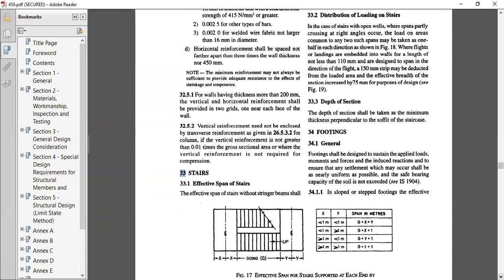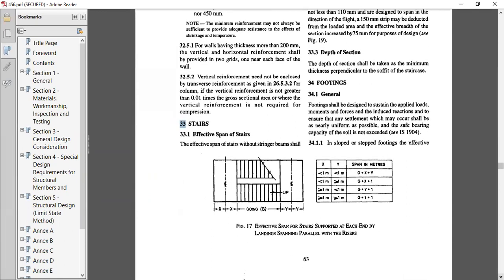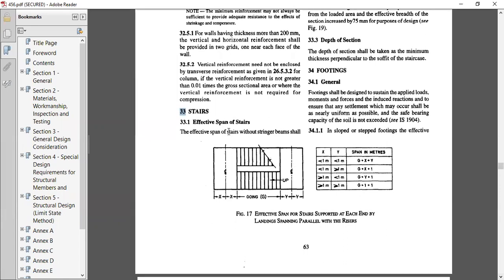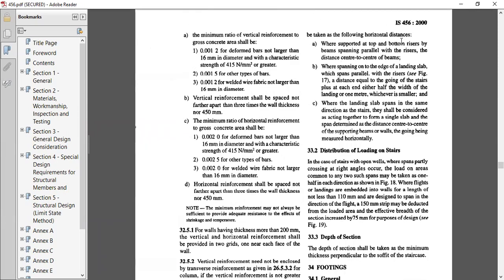Okay, so here you can see clause number 33, where the staircase information is given. So let us see what is given. The effective span of the stairs without the stringer beams shall be taken as the following horizontal distances. Okay, so there are three criteria, three conditions. Let us see what those conditions are.